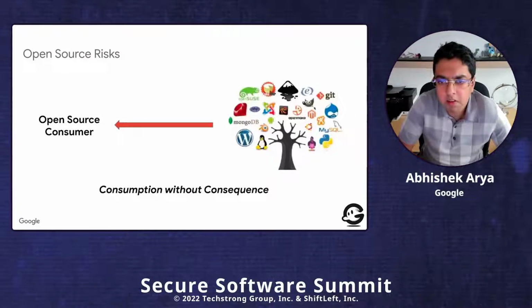One of the fundamental security aspects that is currently broken in the open source ecosystem is that open source consumers today, either big or small enterprises or government organizations, don't realize the security consequences before consuming a particular piece of open source software and adding it as a dependency.